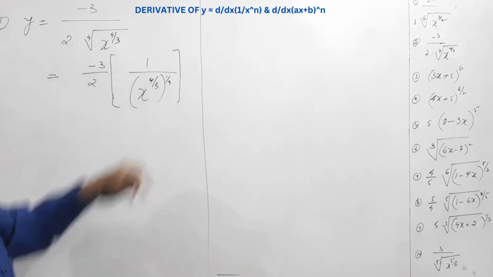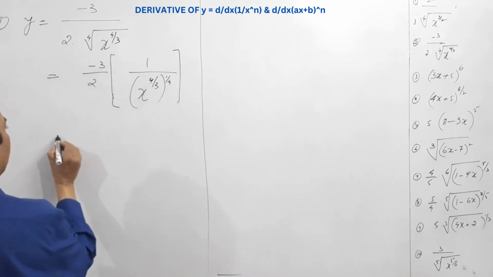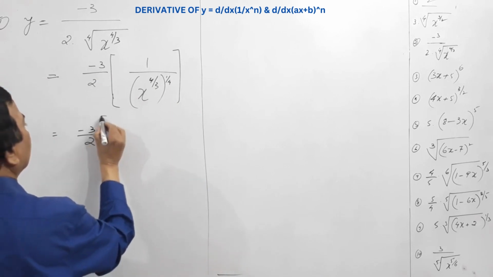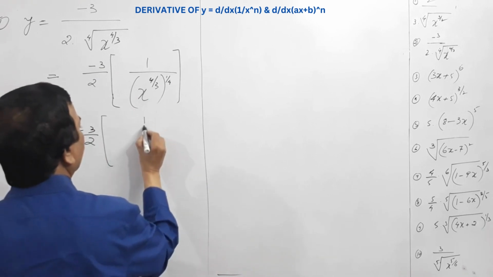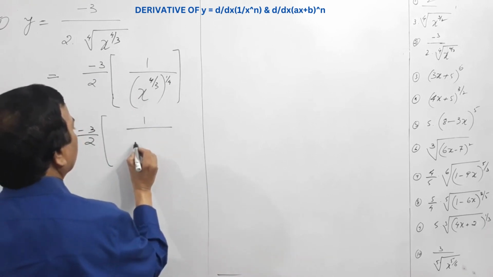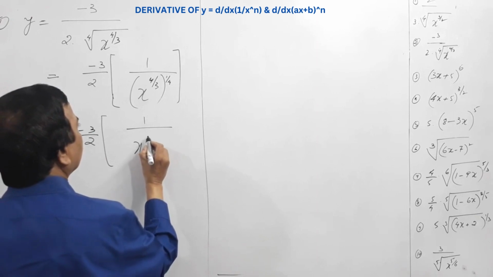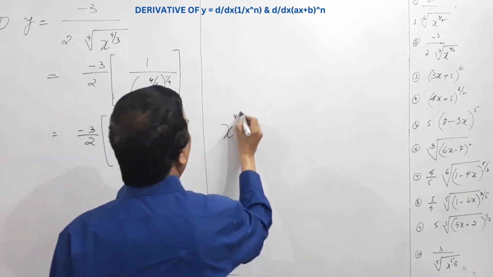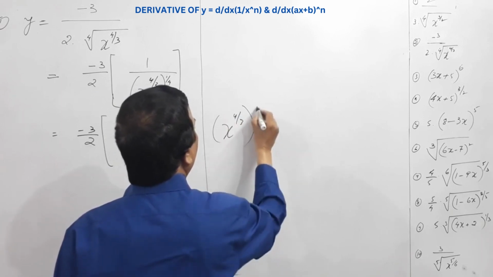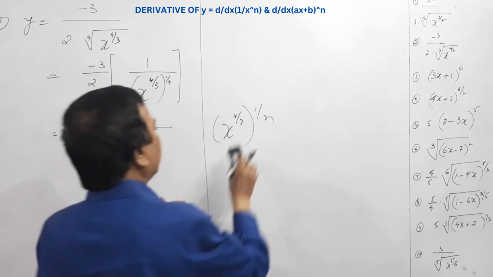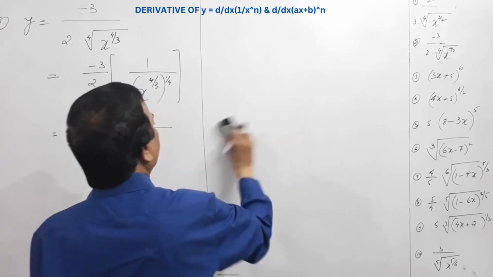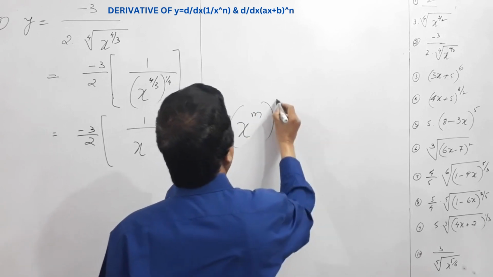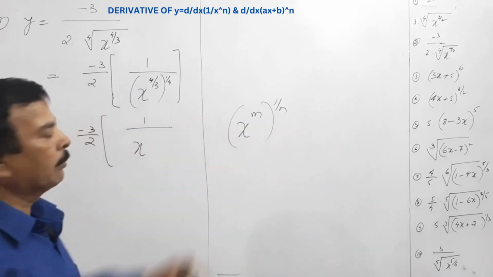I will take this minus 3 by 2 outside. So this becomes 1 by x to the power of 4 by 3 whole to the power of 1 by n. This is nothing but x to the power m whole to the power of 1 by n. Right? This is of that type.